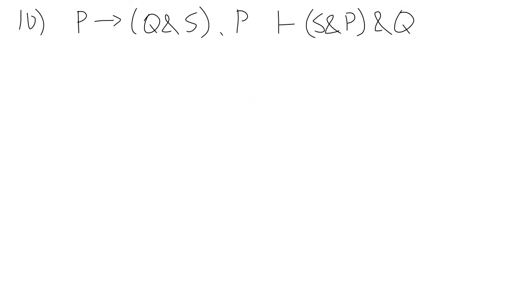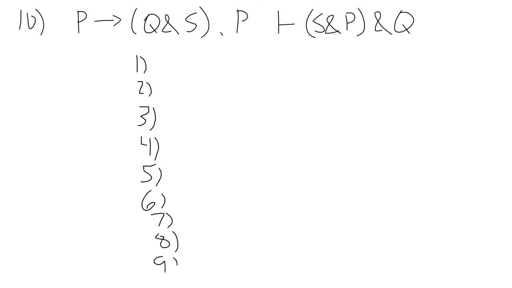So let's do problem 10 here. 2, 3, listing numbers to start with. How many premises do I have? I have 2. So I've got P, arrow, Q, and S. I got P by itself.